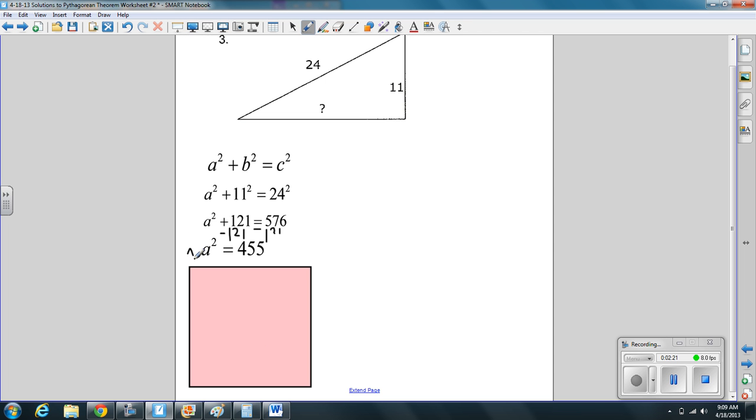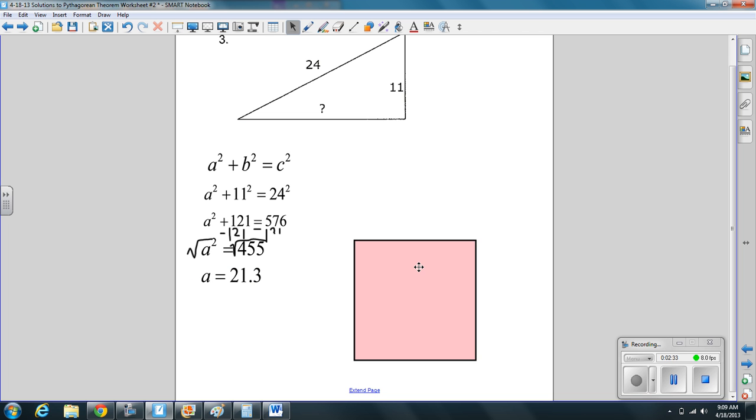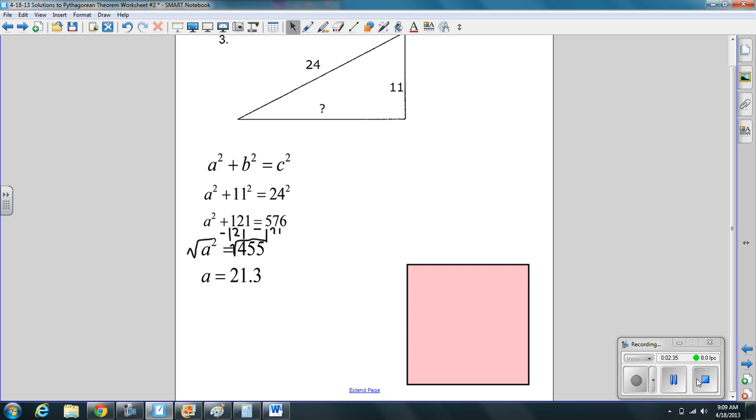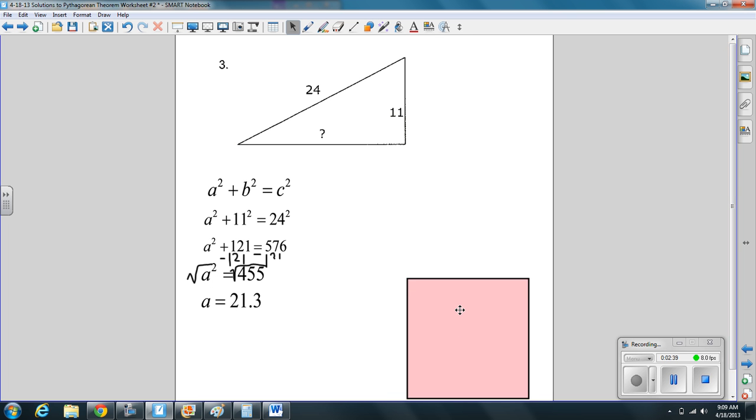From here, you take the square root of both sides, because once again, the opposite of squaring is square rooting. And A is equal to 21.3. All right, anytime along the way, if you have questions, raise your hand and we'll go over it before we go on to the next problem.